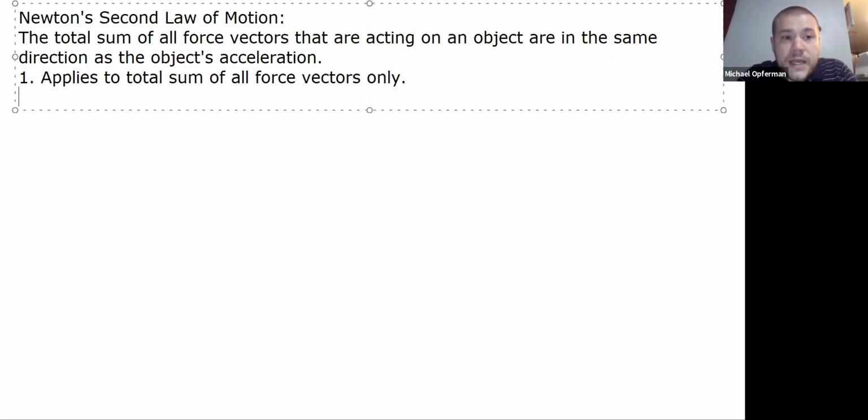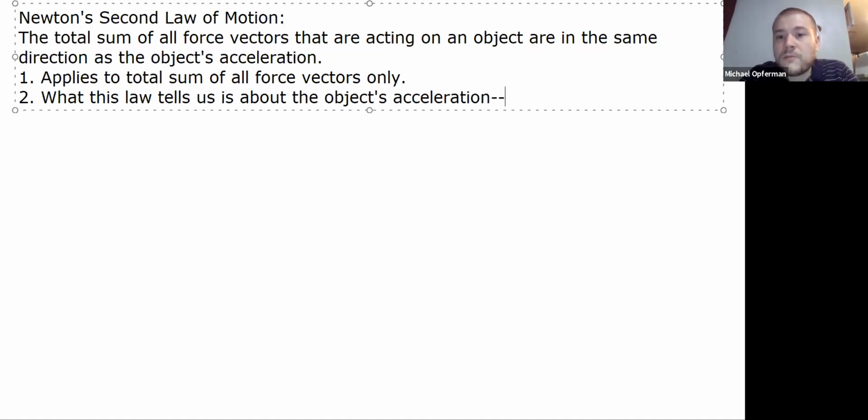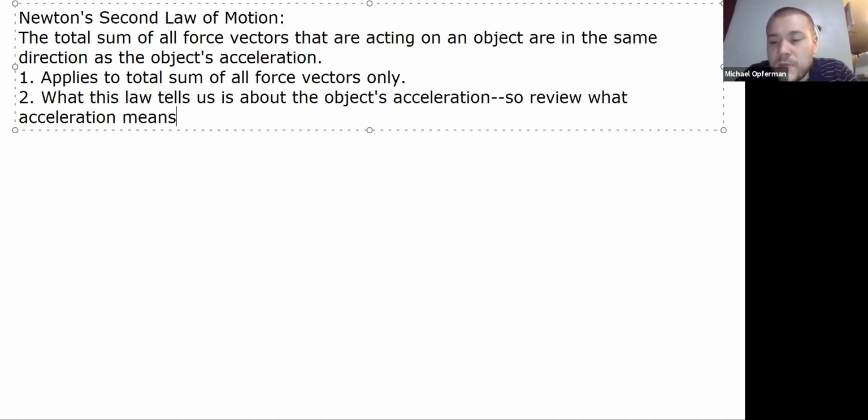So second observation here, what this law tells us is about the object's acceleration. So review what acceleration means.